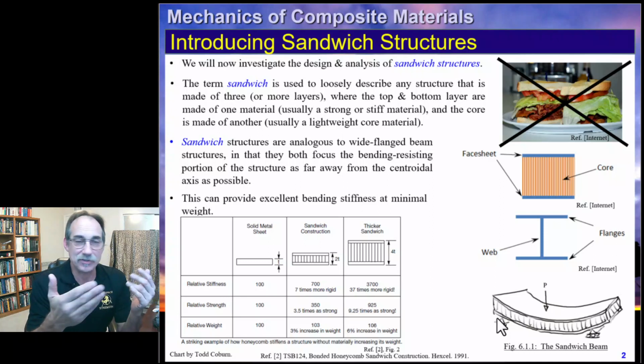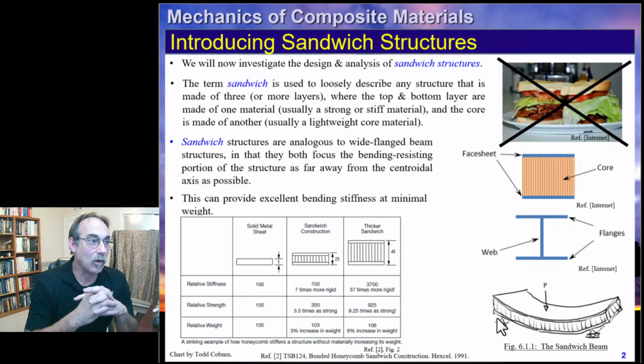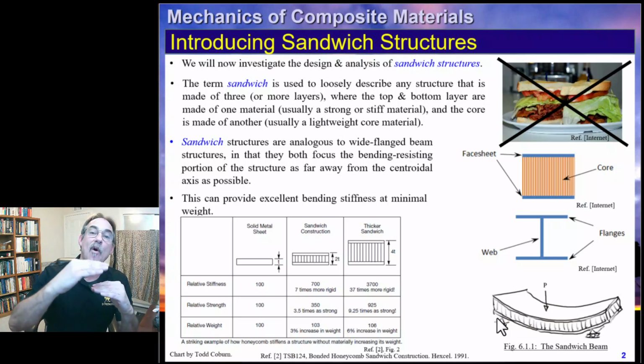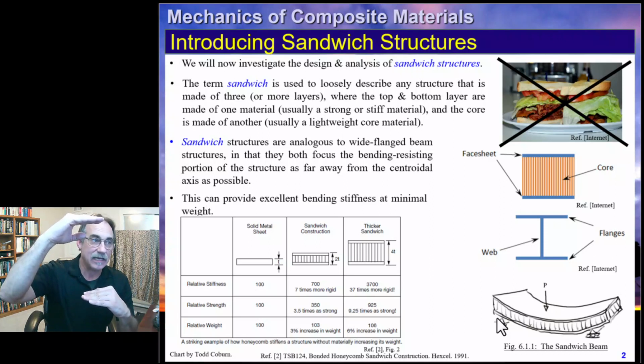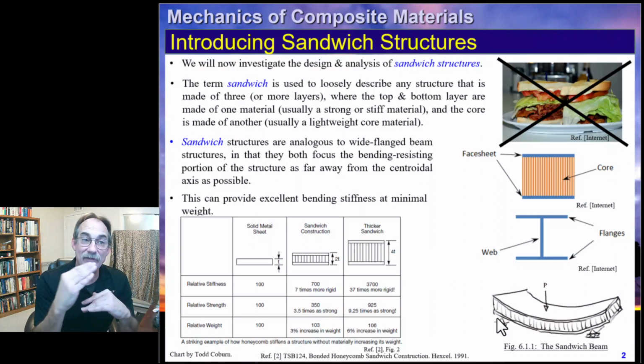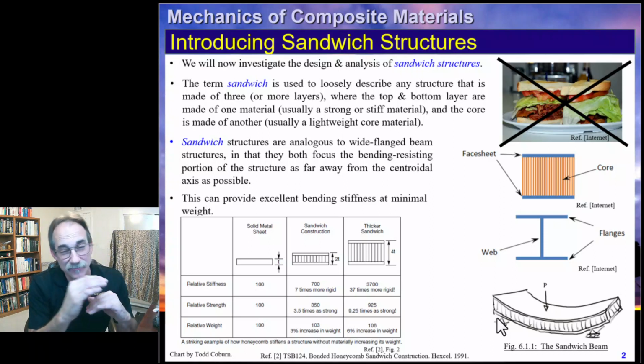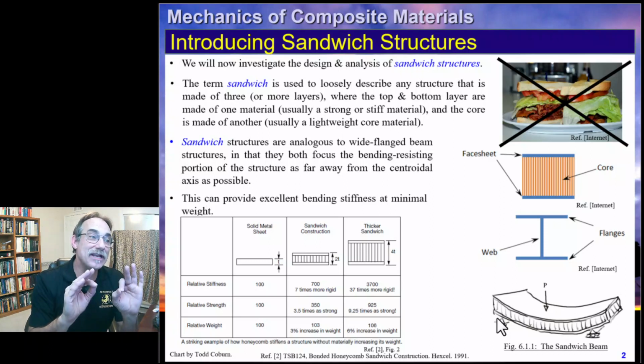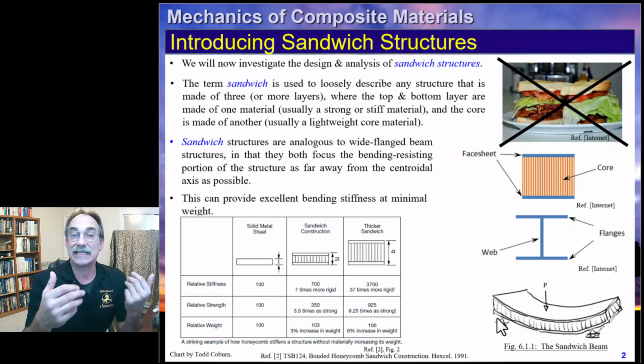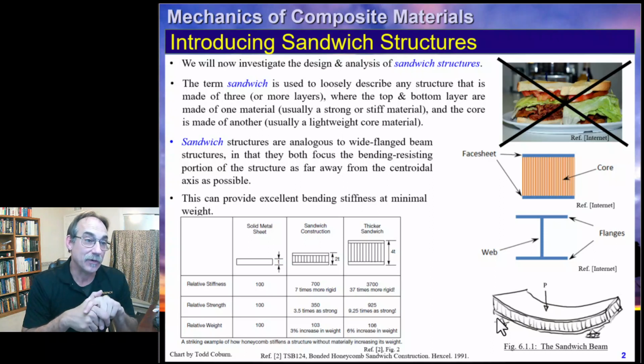Obviously, this is assuming certain properties for the core material. If you then make that 4 times as deep, so we've got basically the same face sheets with just a little bit of added core, spread so that it's 4T total thickness, you can get 37 times more rigidity, over 9 times more strength, with only about a 6% increase in weight.